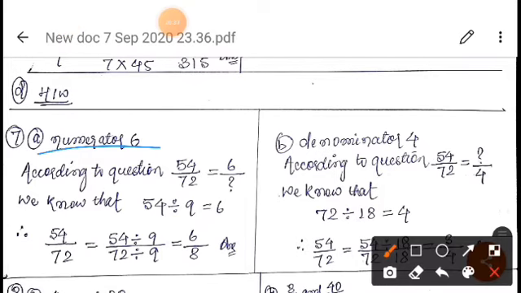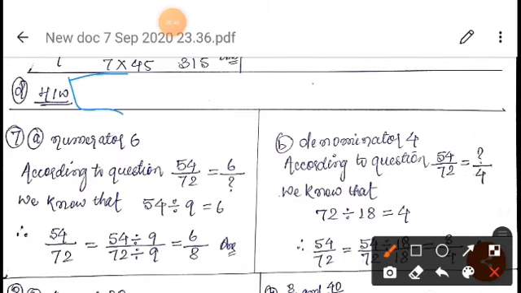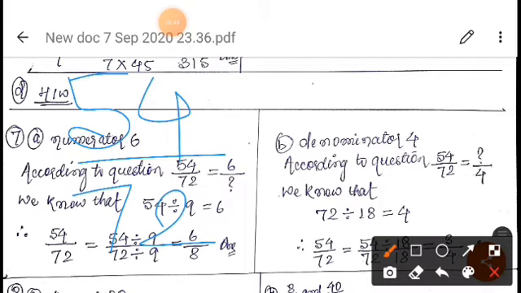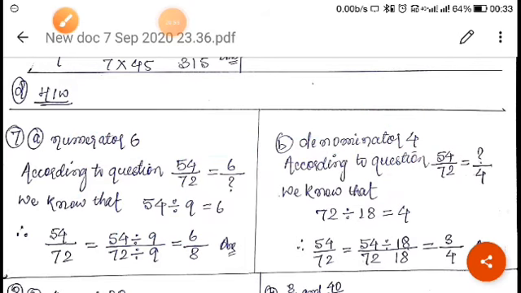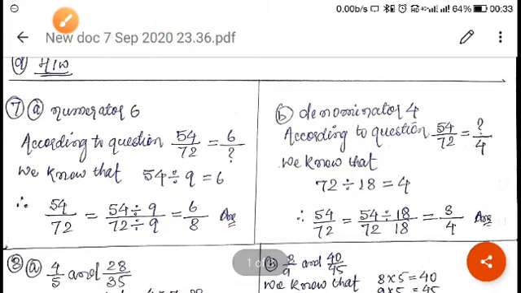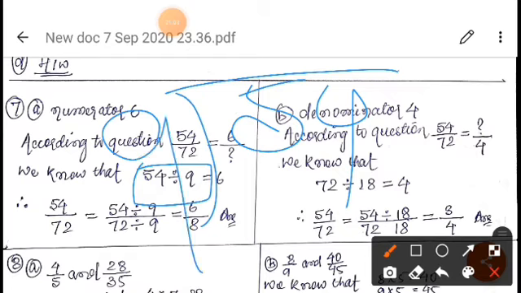How can we write this? 54 by 72 equals 6 by question mark. The process is the same. We know that when 54 is divided by 9, we get 6.